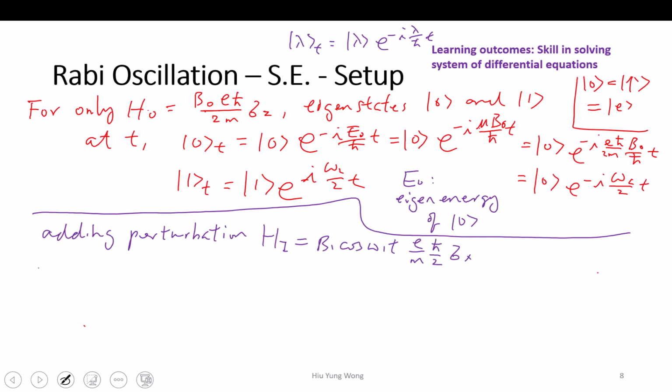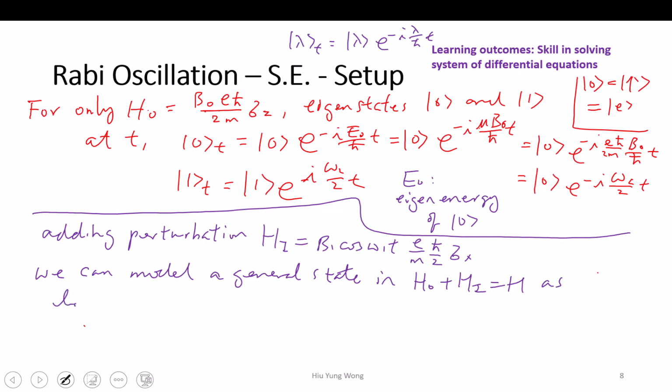We can model a general state in this new system, H0 plus H1 equal to H, in this new total Hamiltonian system, as a linear combination of state 0 and state 1.